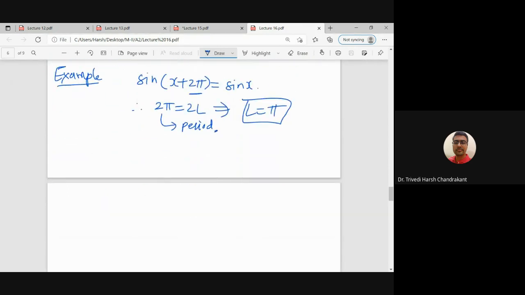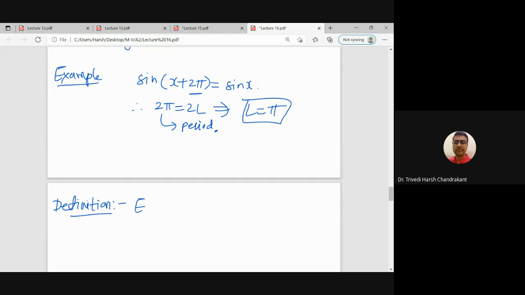So let us write down the definition of the expansion. Of course, we cannot do this for every function. If you remember, we assumed continuity, or at least integrability, of the function when we discussed Legendre series.